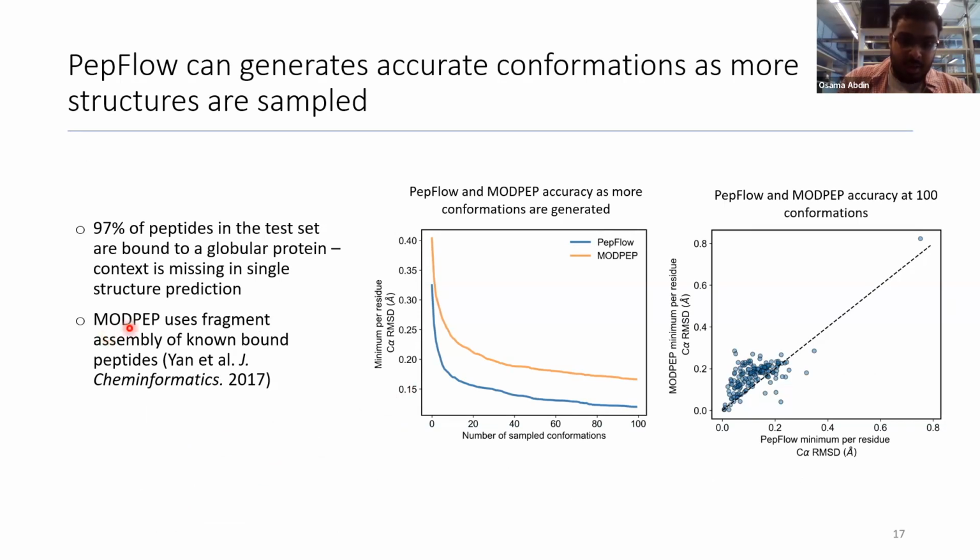As a baseline, we compare it to the ModPep approach, which is a conformational ensemble generation approach based on fragment assembly of known bound peptides in the protein data bank. It's not a deep learning approach, but we do find that PepFlow does at least outperform ModPep in terms of bound peptide conformation generation.